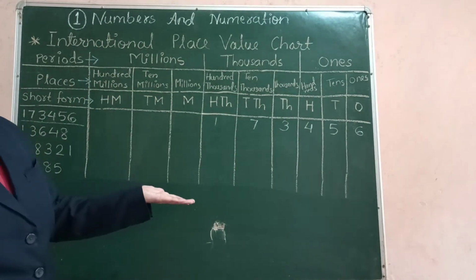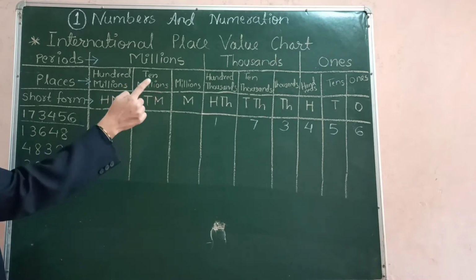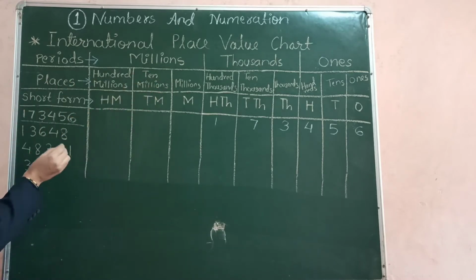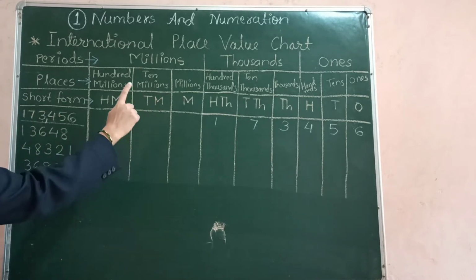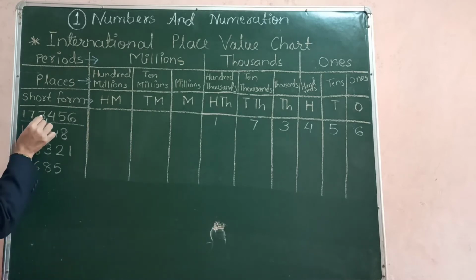As I told you, the rule is that we divide the periods with the help of a comma. So the first 3 place values are in the ones period, and here I put a comma. The second 3 places are in the thousands period. These 3 are going to be in the same period, that is thousands.